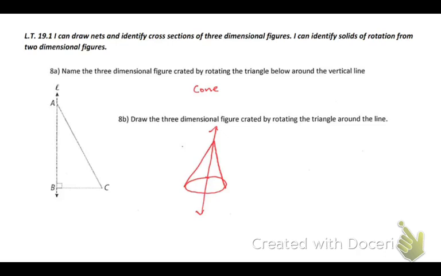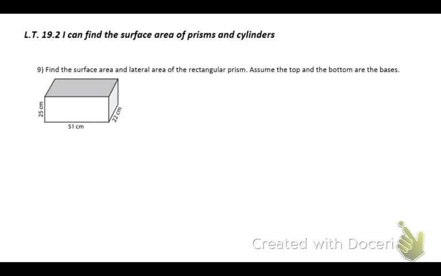Some of these are already worked out, so I'm not going to rework them all. Okay, now for this one, let's start working them out. We're looking for surface area and lateral area. I'll do lateral area first. Lateral area is the perimeter of the base times the height. The perimeter of the base is adding up all the sides. This little side here is 22, and across from the 51, that's also 51.